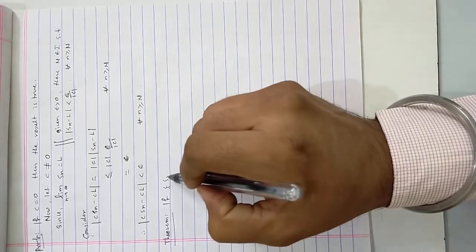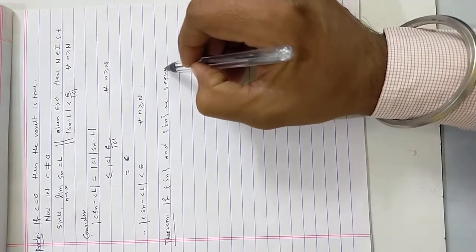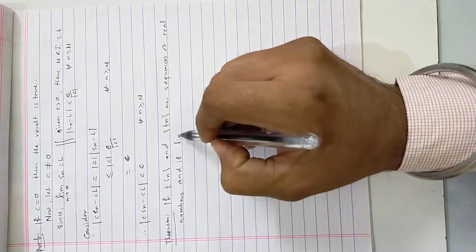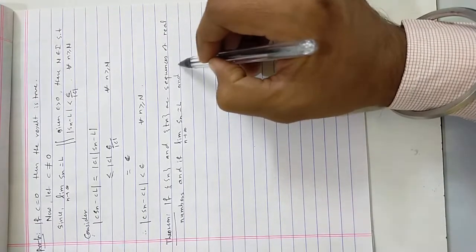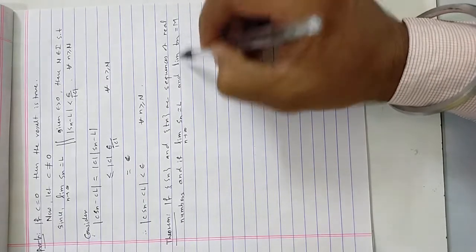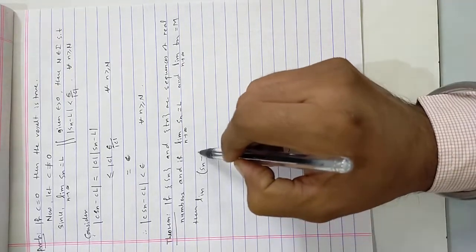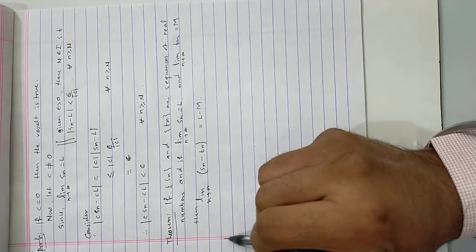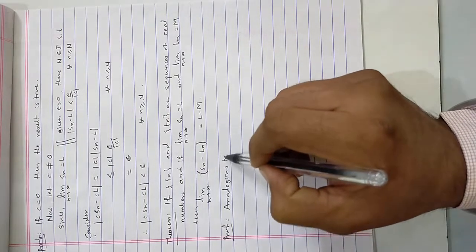The next theorem: if sequence Sn and sequence Tn are sequences of real numbers, and if limit of Sn is L and limit of sequence Tn is M, then limit of sequence Sn minus Tn is L minus M, and the proof is analogous to the previous theorem.